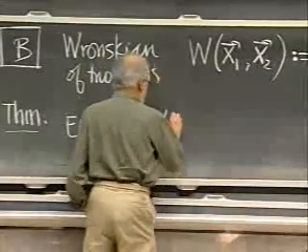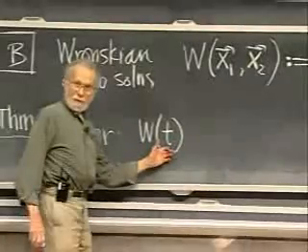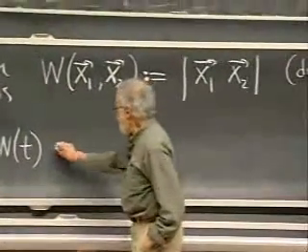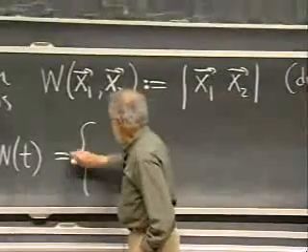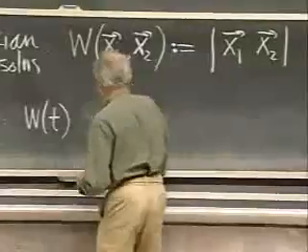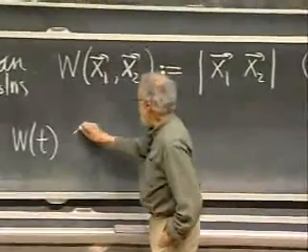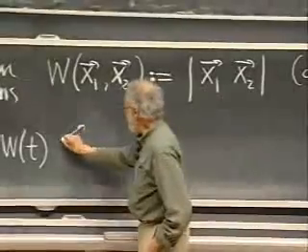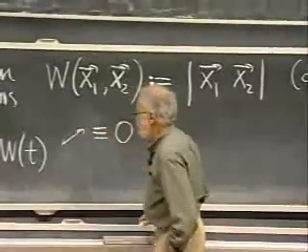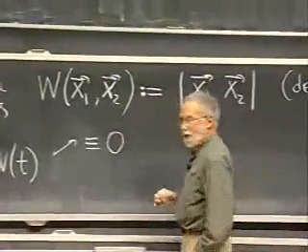So the answer is that Wronskian, I'll write it now this way to bring to the fore that it's a function of t. Either the Wronskian is, so one possibility is identically zero. That's zero for all values of t, in other words.